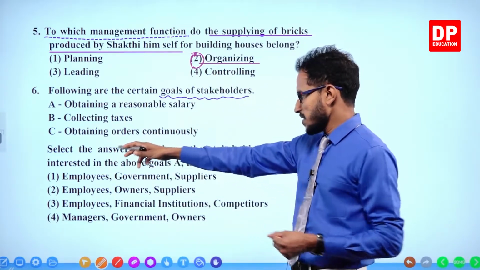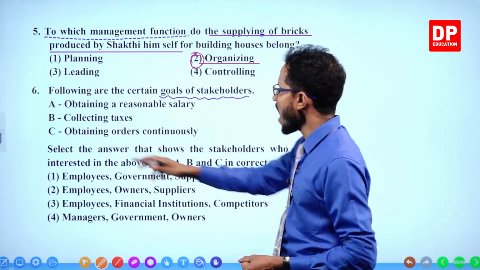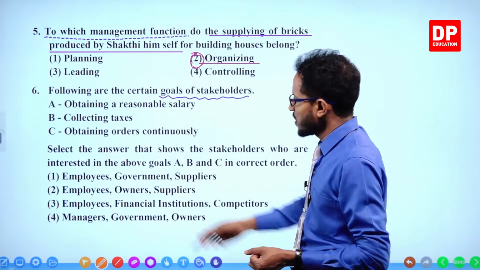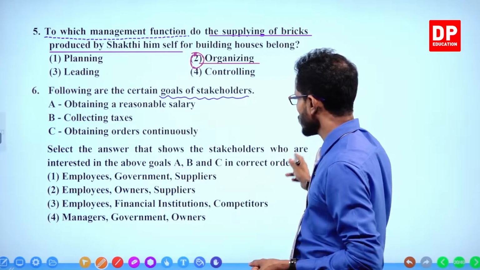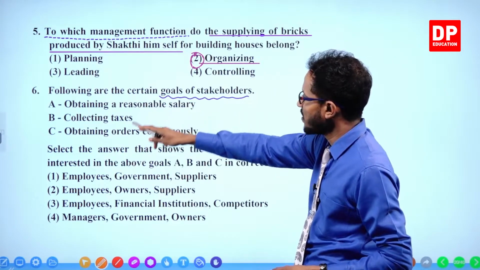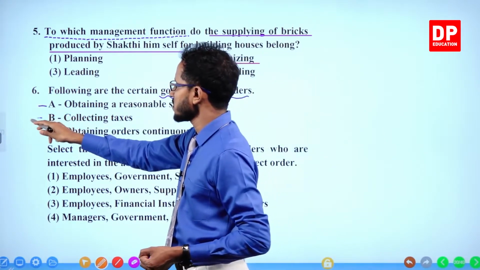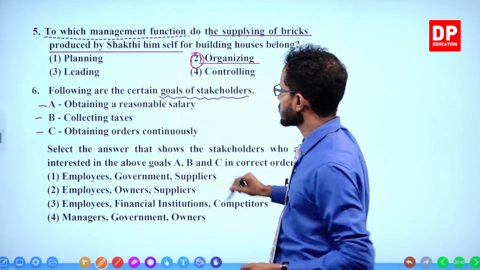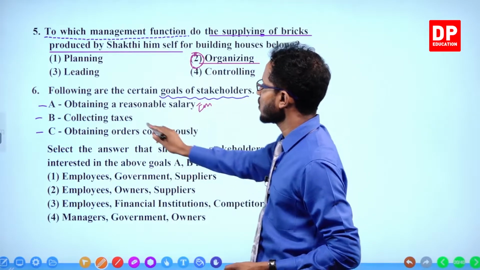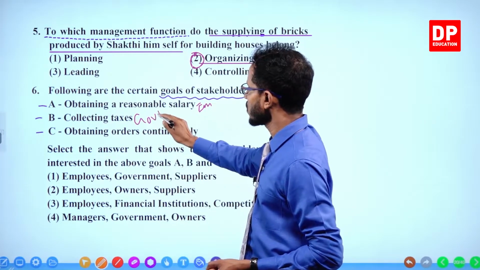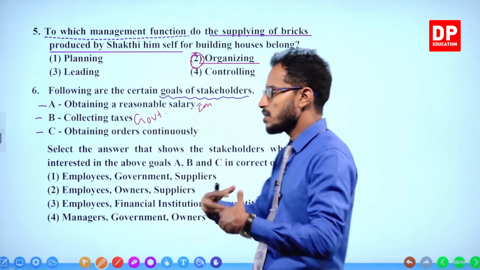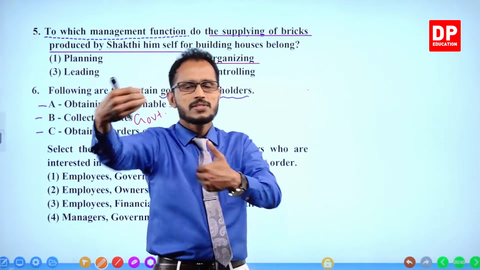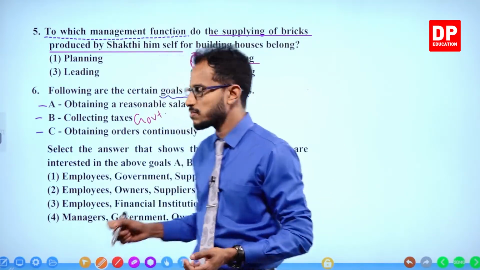Let's see. Select the answer that shows the stakeholders who are having the above goals. Who's having these goals? We already know. First goal is employees' goal, then the government's goal, then obtaining orders continuously from us, which is expected by our suppliers.